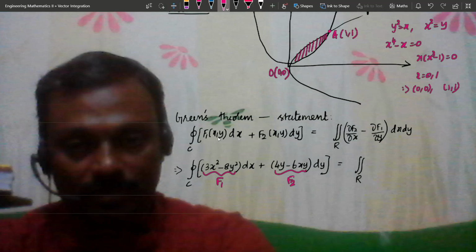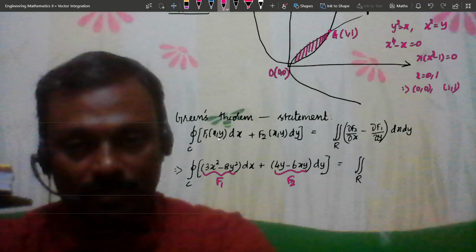Now to evaluate the double integral over R, we have to take either a horizontal strip or a vertical strip. Here we consider the horizontal strip. Taking the horizontal strip, it starts from the parabola y squared equal to x and ends on the parabola x squared equal to y.